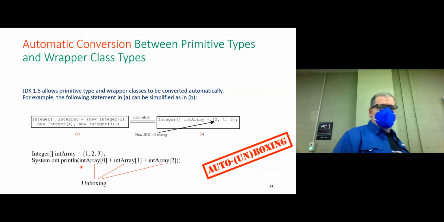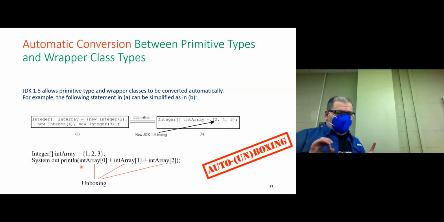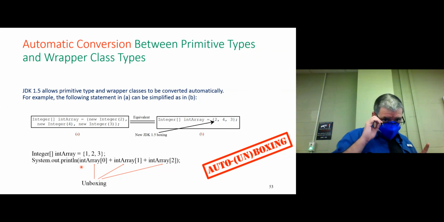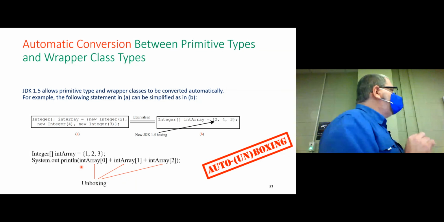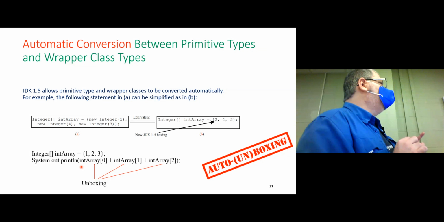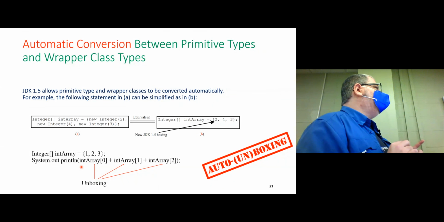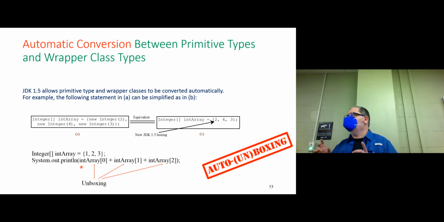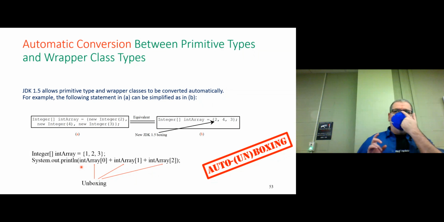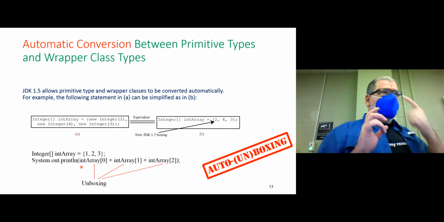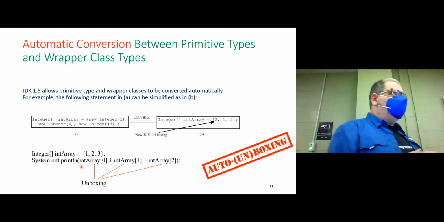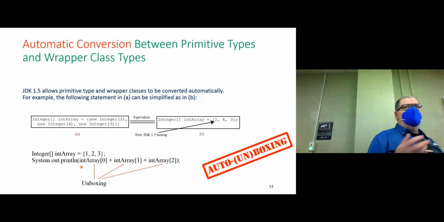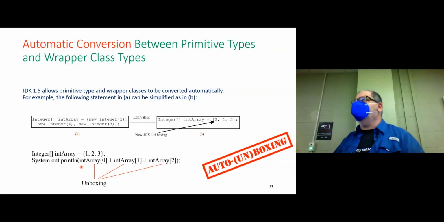And then I do system.out.println, and I refer to my int array index 0, int array index 1, int array index 2. Well, I use the plus between them, the addition. The plus operator is not defined actually on the class Integer. I don't know how to do a plus of one integer with another one using this operator. This is the operator for primitive data types. So what's going on here?